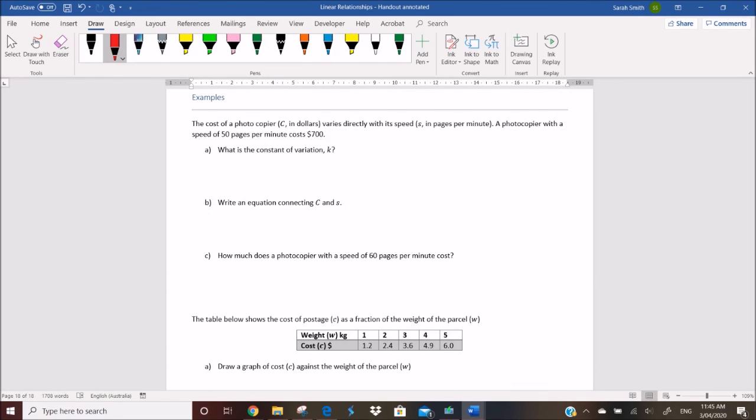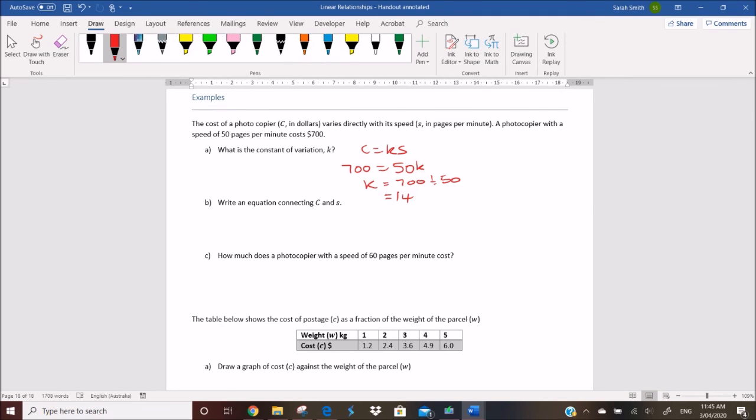The cost of a photocopier varies directly with its speed. A photocopy with a speed of 50 pages per minute costs $700. So we want to find the constant of variation. So we're going to be looking at C equals KS. So our copier was $700, and that equals 50K. So K is going to equal 700 divided by 50, which equals 14.